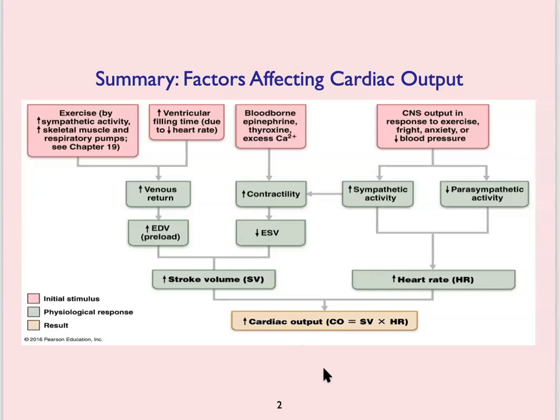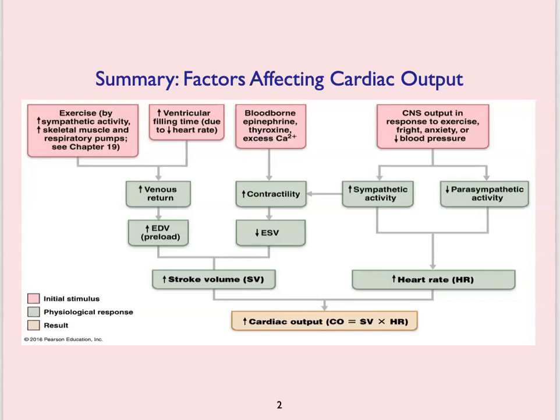Okay, so you can see how effective the heart is at ejecting blood has to do with both heart rate as well as stroke volume. Stroke volume is the amount of blood ejected from the heart within one heartbeat. And we'll look at that more later. Using this diagram, you can answer questions like, how can our heart rate be increased?